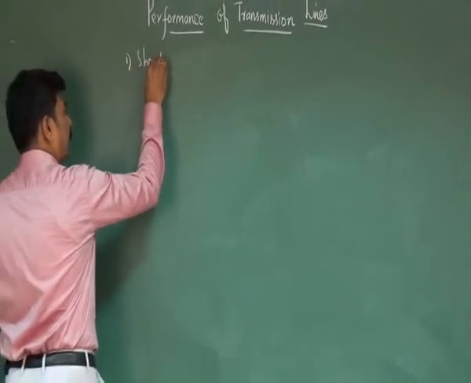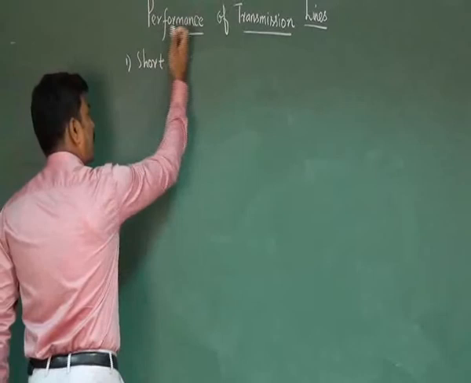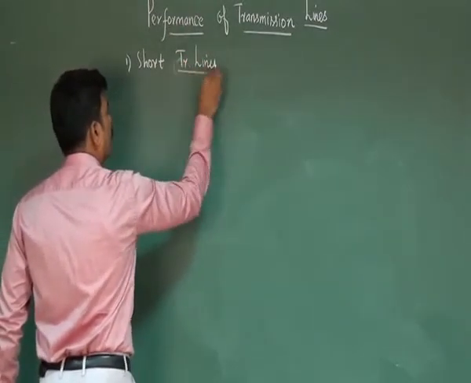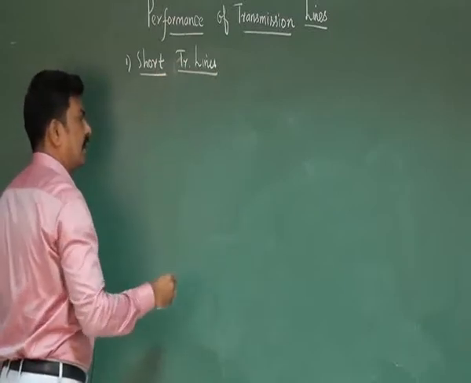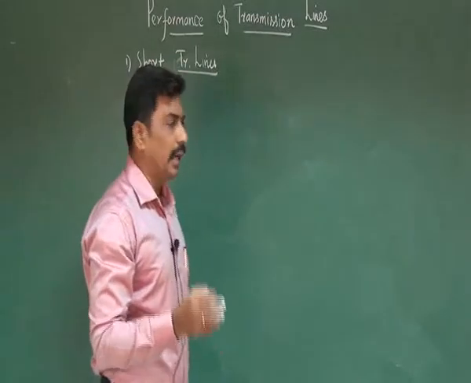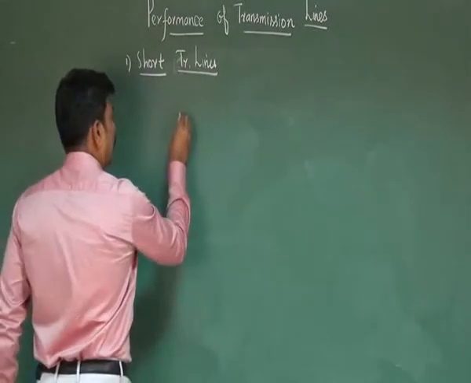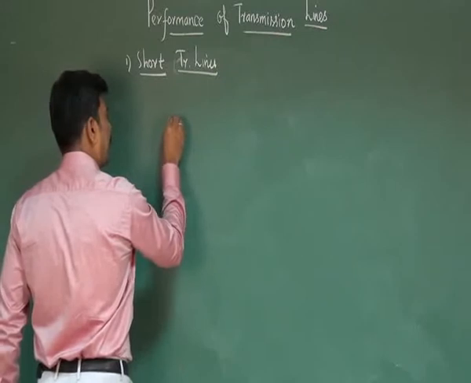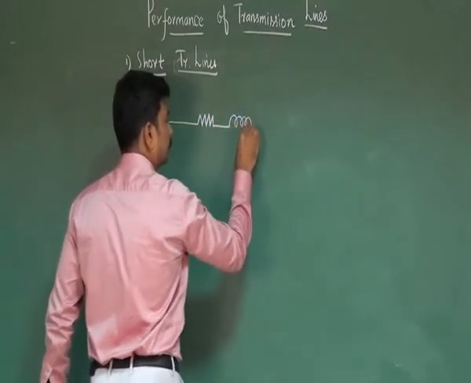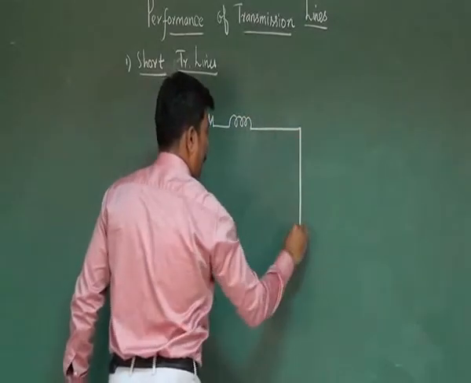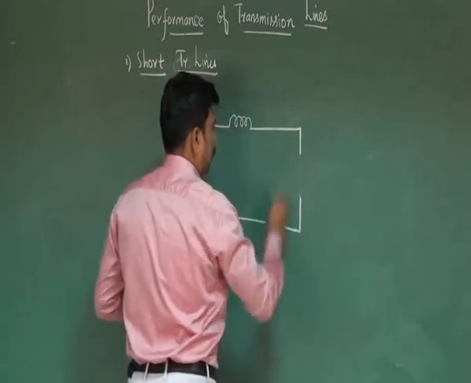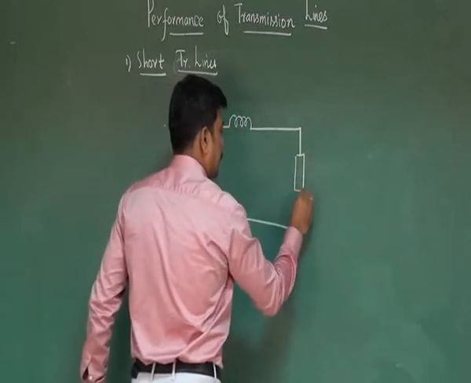So considering the balanced power system, I am going to model a circuit for short transmission lines. As we discussed earlier, we have neglected the effect of capacitance. We are just going to include the R parameter and L parameter. Now, it's a simple circuit model.